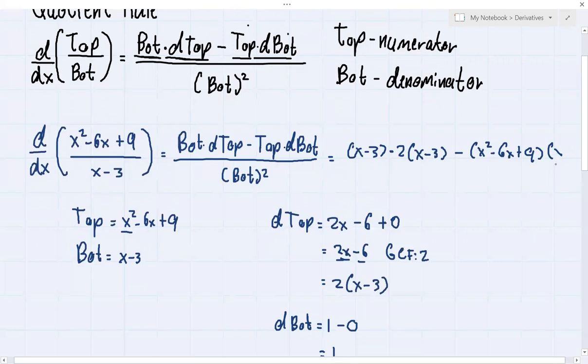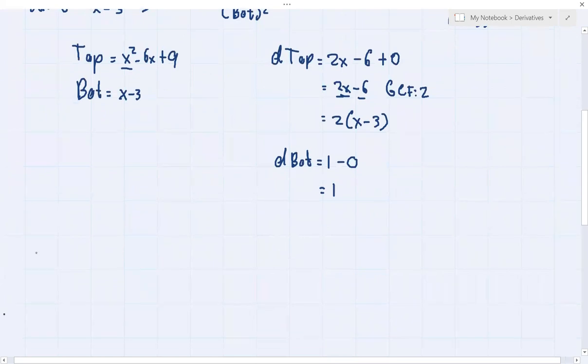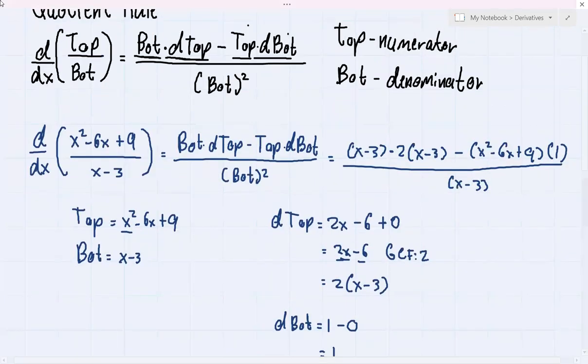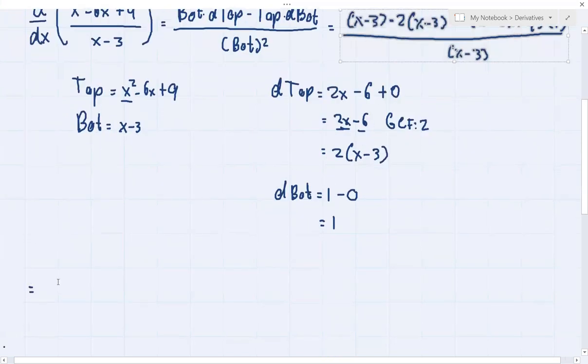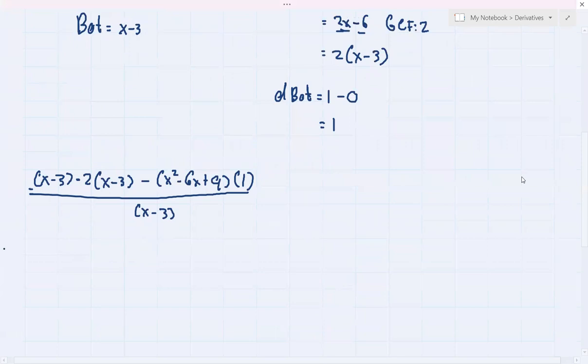Derivative ng bottom, ba't nilagay ko bottom? Derivative ng bottom ay si 1. All over the square ng bottom, which is x minus 3. Okay. Ngayon wala akong space, so I'm just gonna proceed here. Okay, but before that, I'm going to copy this one. Okay, ilagay ko siya dito. Ayan, there you go. So let's now simplify.